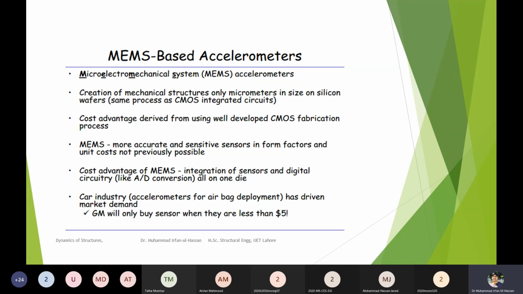So we can also integrate these sensors with the digital circuit, because these accelerometers are not only for the building but also for the computer data center. It is also installed for very critical electrical installations and critical atomic installations. So a lot of accelerometers are needed in sensitive structures, the car industry, and the heavy mechanical industry.